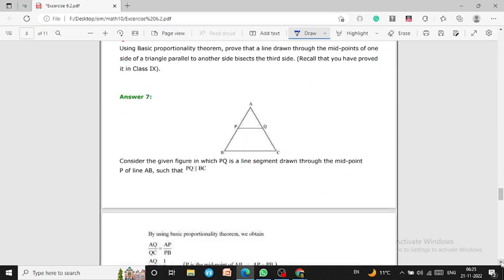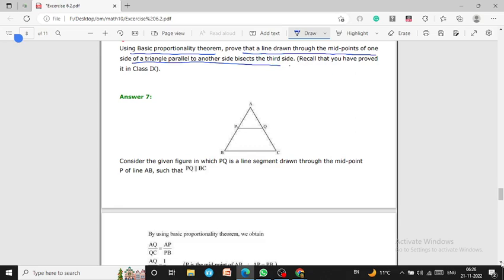And in the next question, using the basic proportionality theorem, the BPT theorem, we have to prove that a line drawn through the midpoint of one side of a triangle parallel to another side bisects the third side.